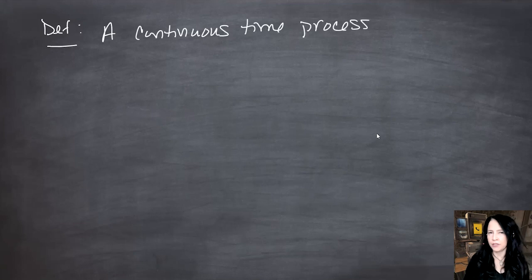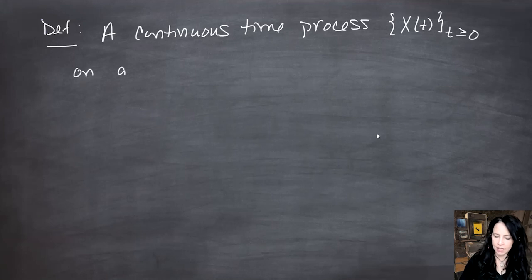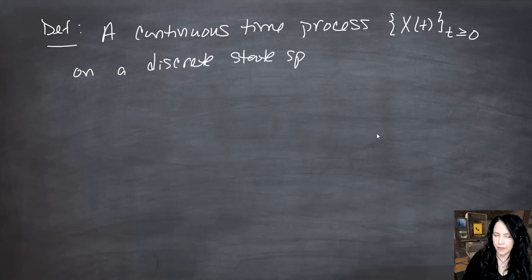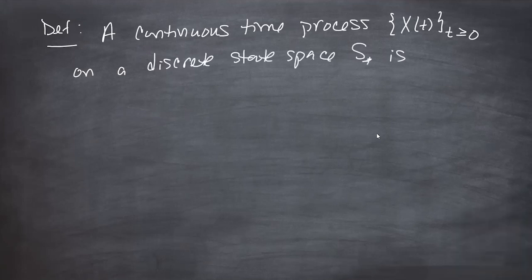We're using these N's for the counting step-up ones, but in general, I'm going to use X of t on a discrete state space S. It is a Markov process if it has the Markov property, which we're about to define.